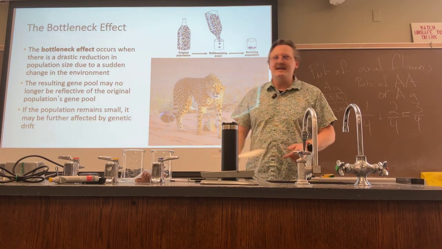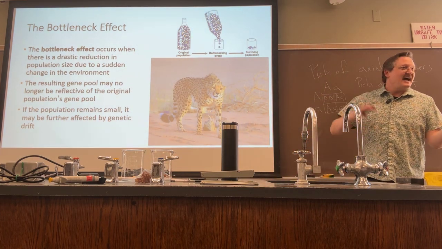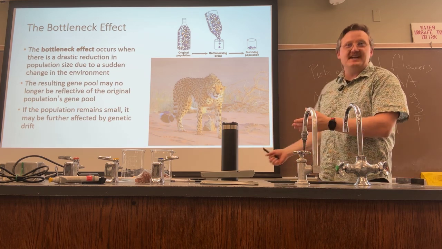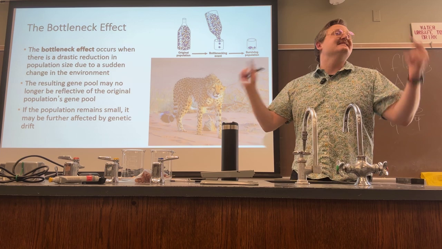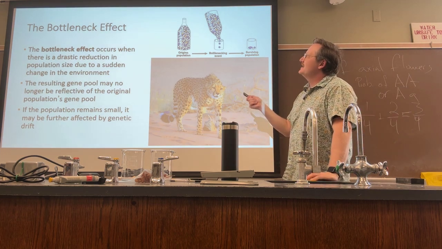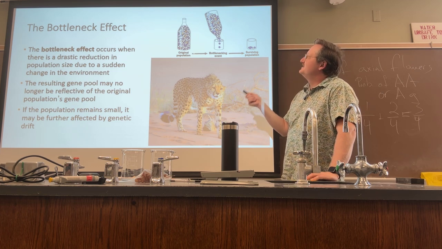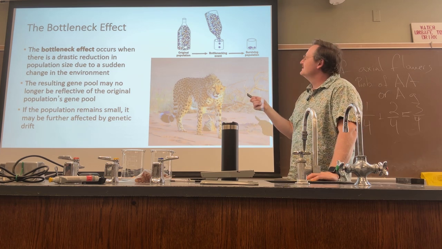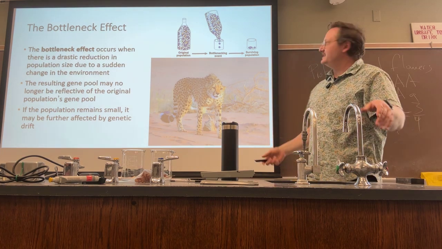Bottleneck event, all right? A bottleneck event shrinks a population size down. So it could be a disaster that maybe doesn't select for things because they're better suited to the environment, but filters out certain alleles, all right? It changes the allele frequency. Look, the original population had some yellow alleles, and it had a pretty even spread of white and blue alleles. Then there's a bottlenecking event that just kills a bunch of the population.